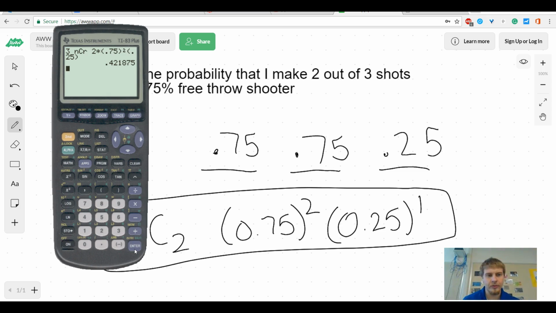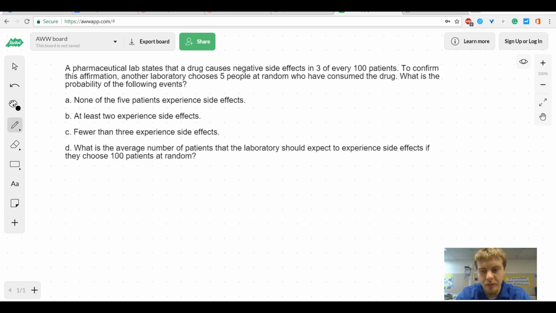Let's try this with a different word problem and kind of go through it with some more complicated examples. Okay, so here we go with example 2. It says a pharmaceutical lab states that a drug causes negative side effects in 3 out of 100 people. To confirm this affirmation, another lab chooses 5 people at random who consumed the drug. What is the probability of the following events?